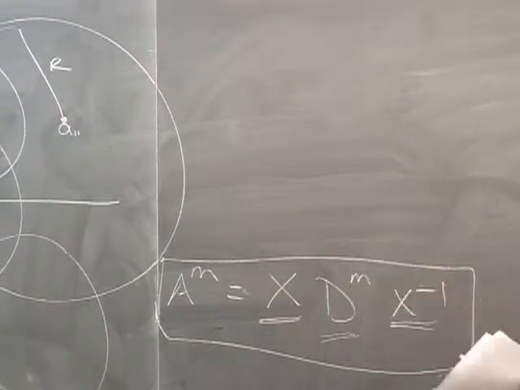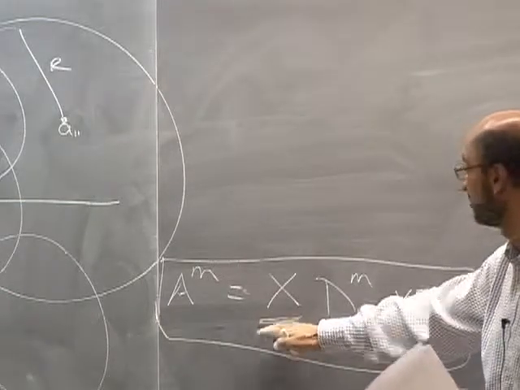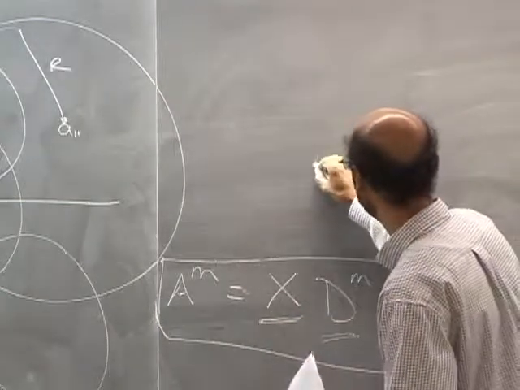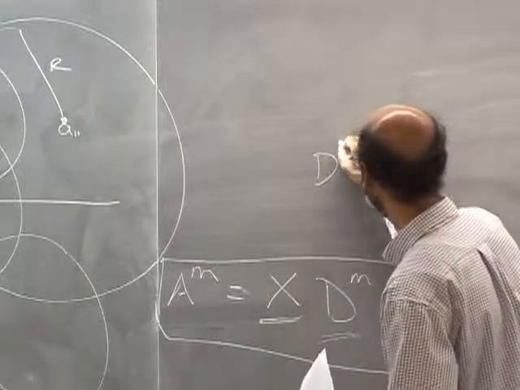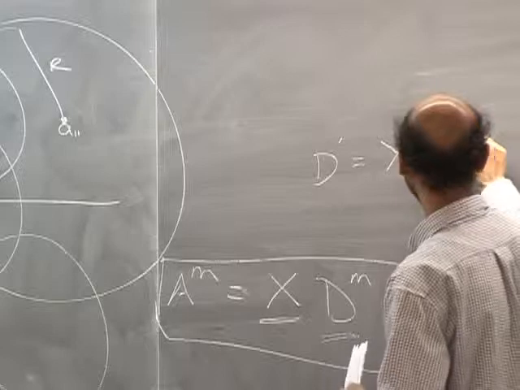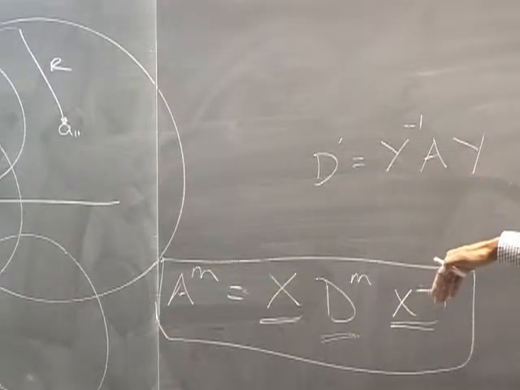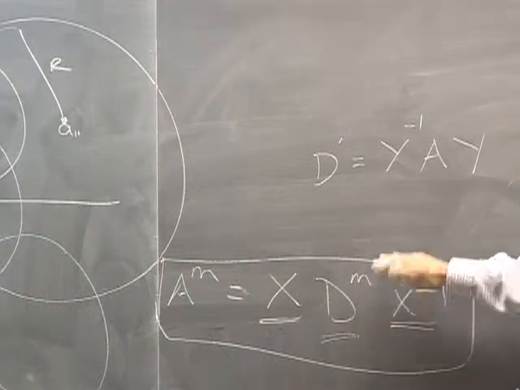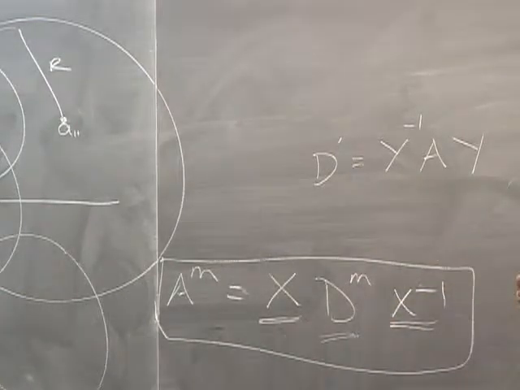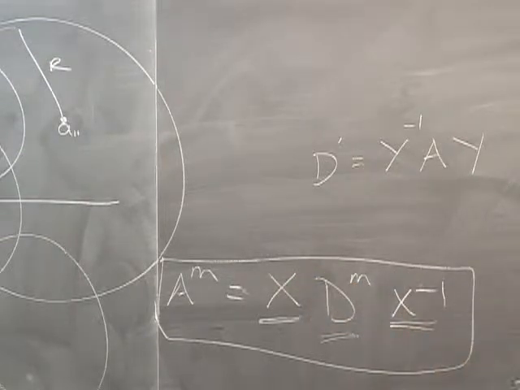All the mass is considered diagonal, and it's an invertible transformation. So let's say D prime is going to be Y inverse A Y. Then when I look at this D prime to the power n, I kind of know what to do, because it looks diagonalish. I can sort of ignore the off-diagonal elements, for example.